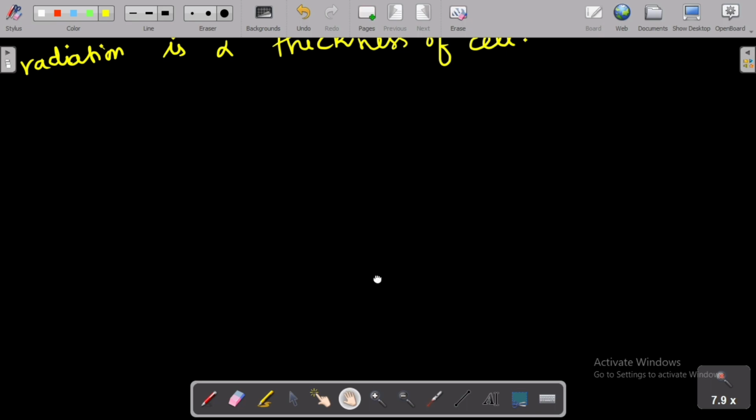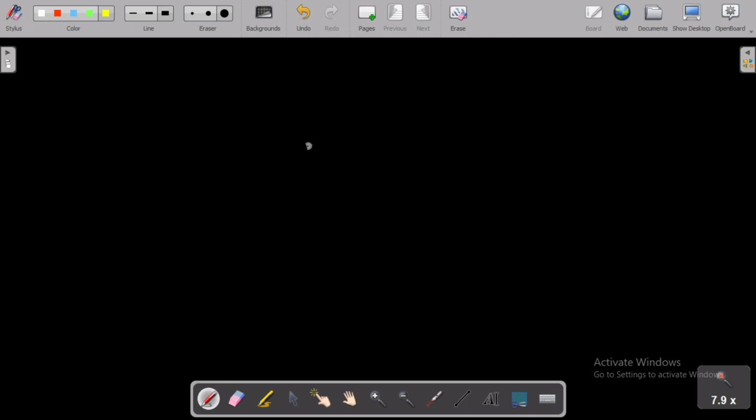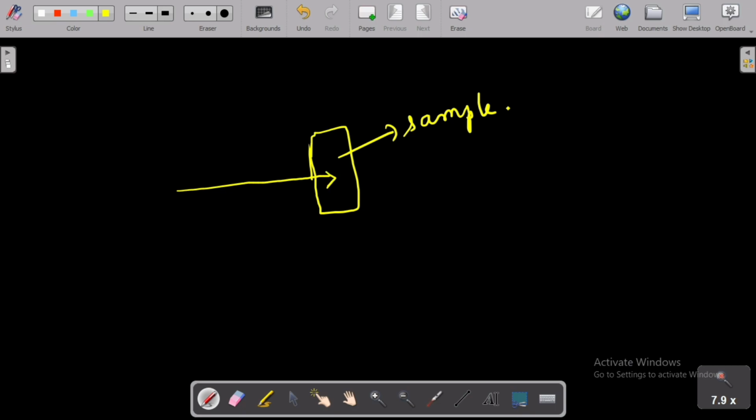Okay, if you take a system and this contains a sample, and I am passing a light, after passing through this sample its intensity may decrease. Suppose the incident light is assumed to have 100% intensity.